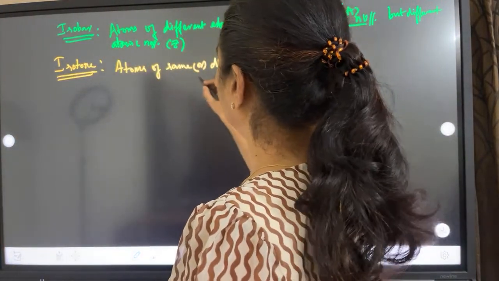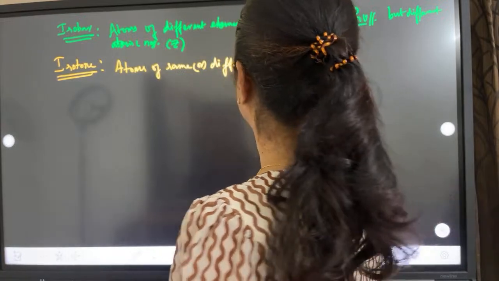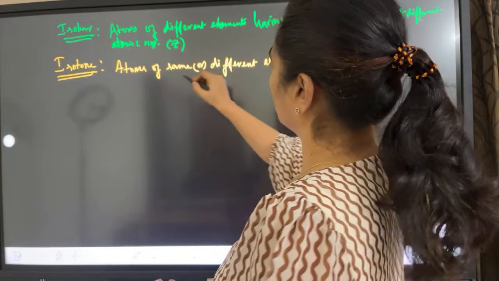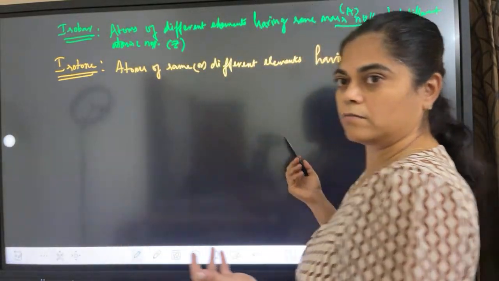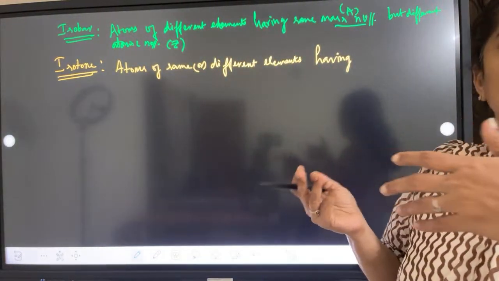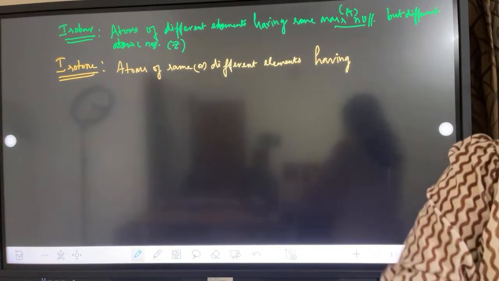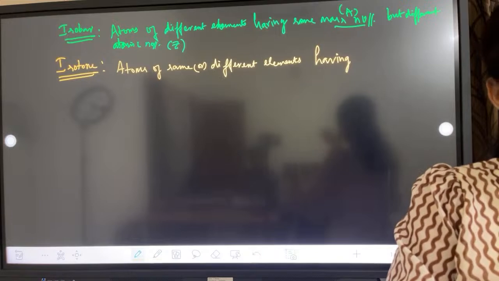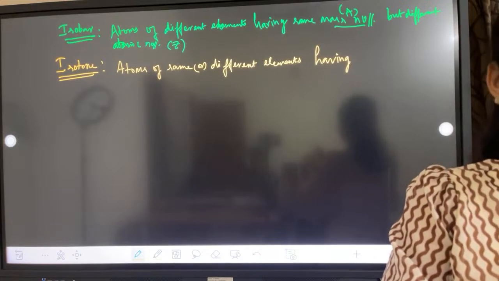What is an isotone? Different elements or same elements having both same or both different? Not necessarily both. Any three atoms can also be like that. All the atoms may be the same or it might be different.